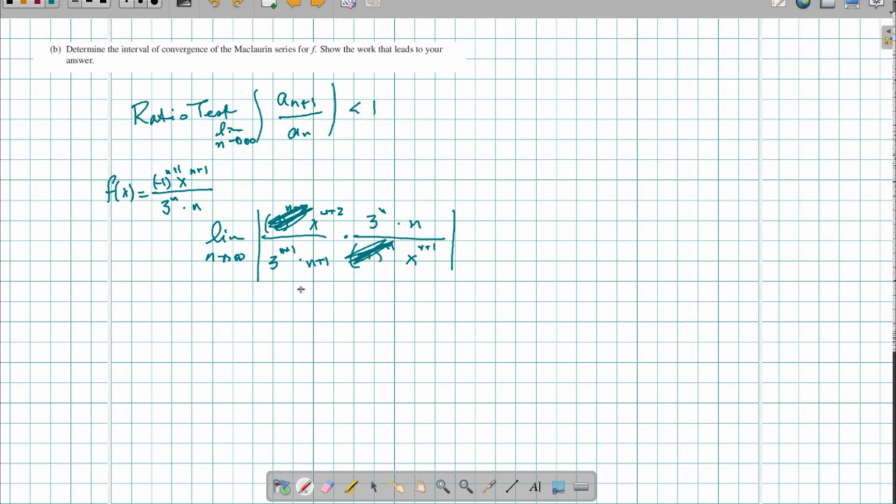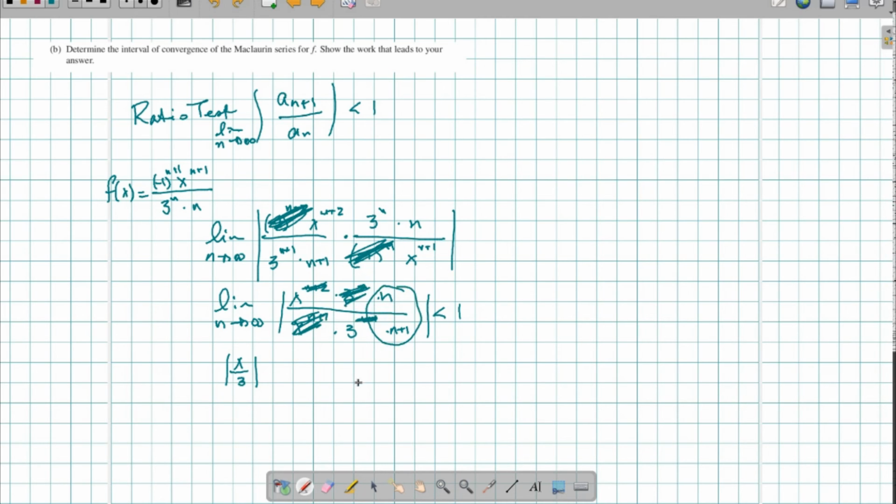So I'm going to have x to the n plus 2 times 3 to the n times n over x to the n plus 1, 3 to the n plus 1 times n plus 1. And I'm looking to see what happens as n increases without bound, and I want this to be less than 1. In other words, I really want this, x over 3, because that's what happens.